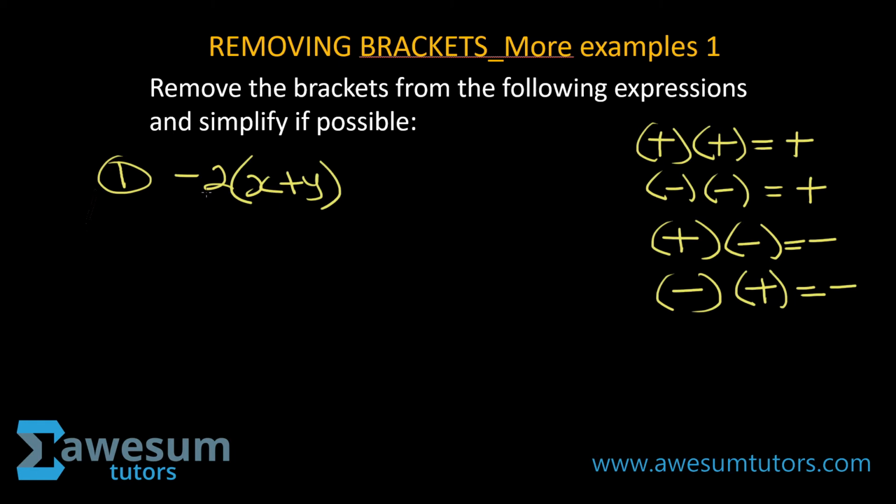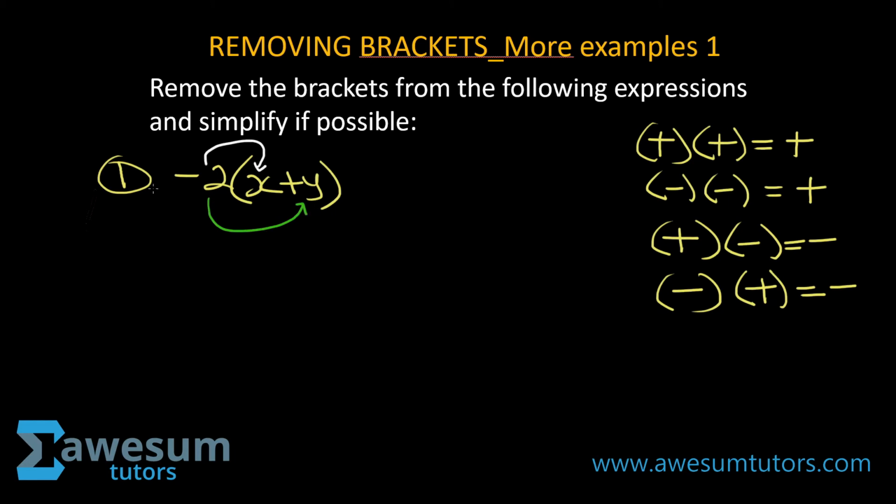Okay, now let's come back here to remove this bracket. We know that to remove this bracket, we're going to use the distributive property. You're going to have negative 2 multiplying x, and also negative 2 multiplying positive y, that's plus y, right?